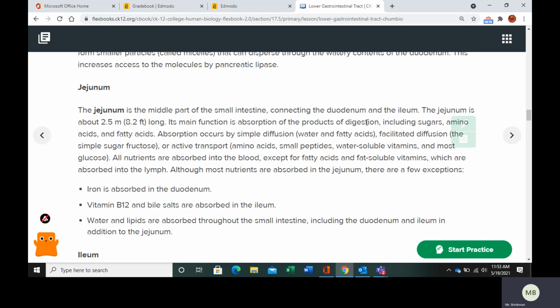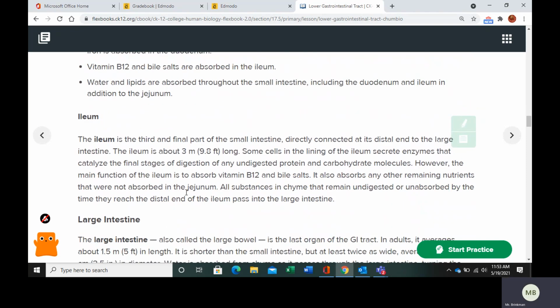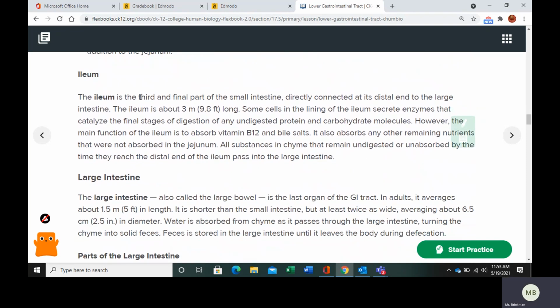So when carbohydrates and proteins and fats get chemically digested, they're actually broken down into sugars, amino acids, and fatty acids. And the jejunum absorbs these molecules.